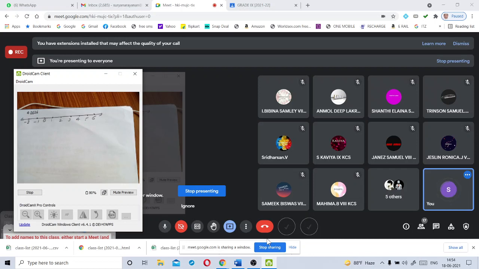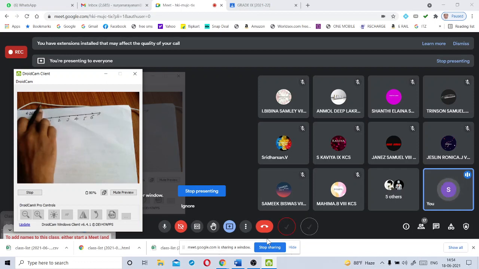Can anyone tell the answer to this question? Ganesh, Sridhar, what will you get here? Sir, we will get 5. I'm not asking that.